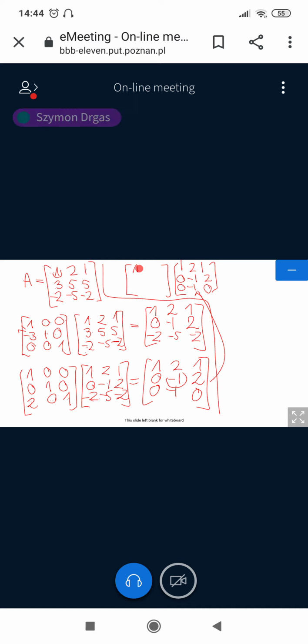So I can write 1, 0, 0, 0, 1, 0, and what should be written in the third row? Okay, can you write it in the chat?